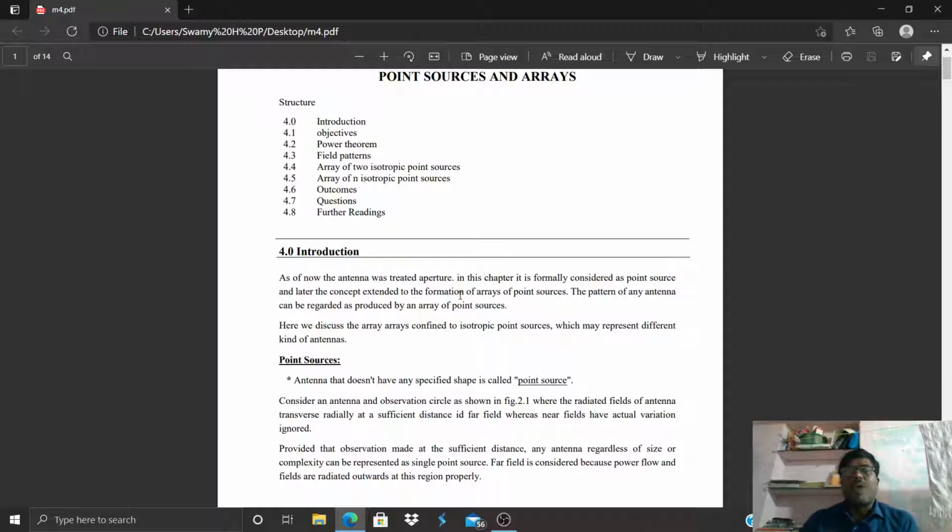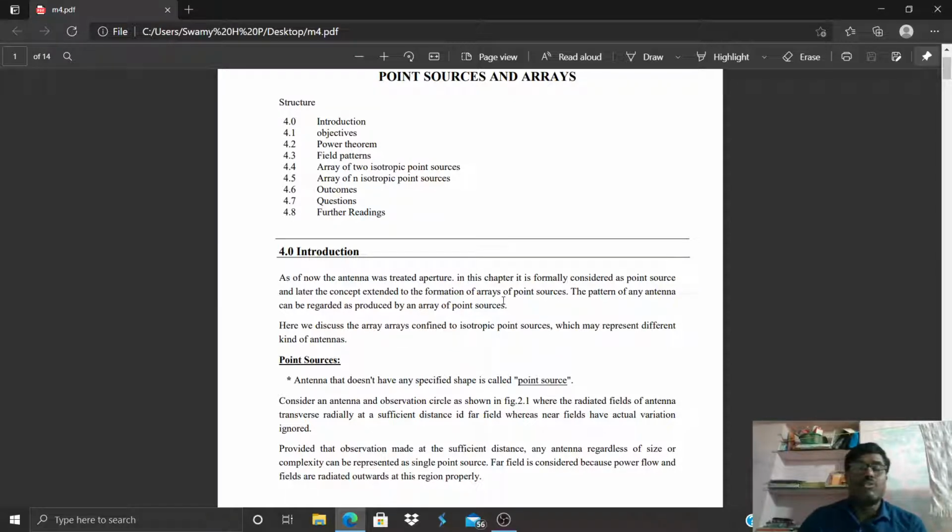With respect to point sources, the antenna was earlier treated as an aperture. You know the aperture concept, you studied it in the first chapter, that is module number 3. In this module, it is formally considered as a point source. A point source is one which radiates, or is a source of electromagnetic energy.